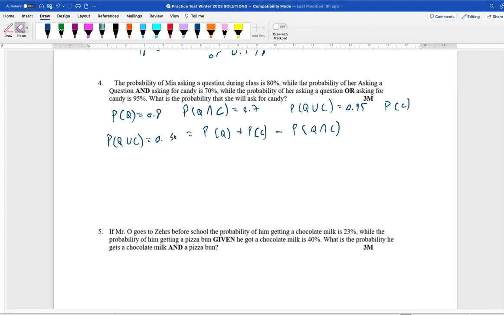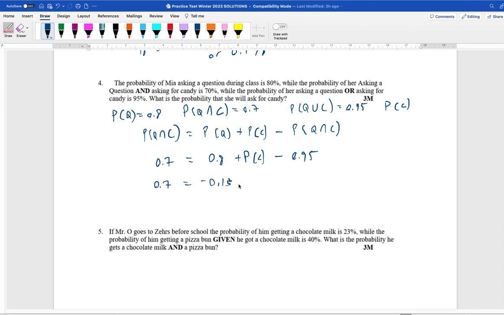If you erase this, let's put all next to each other. So this is 0.7 equals 0.8 plus the probability of just candy minus, or 0.95.